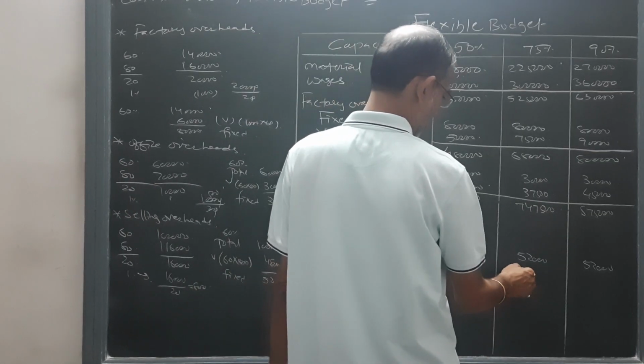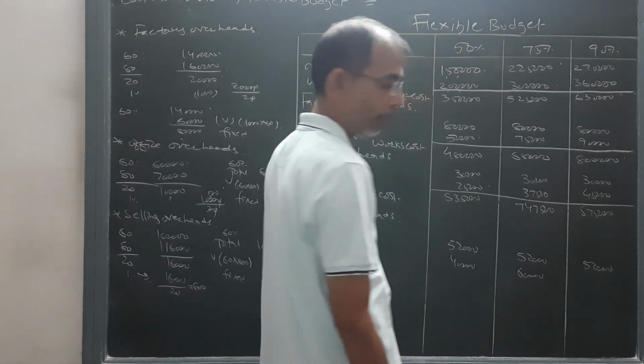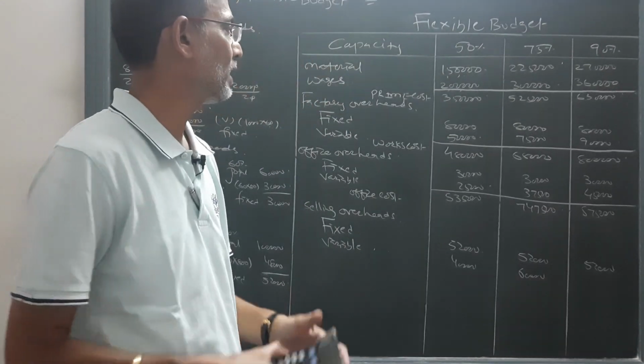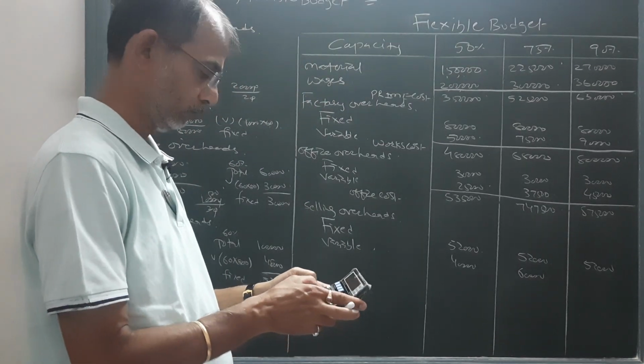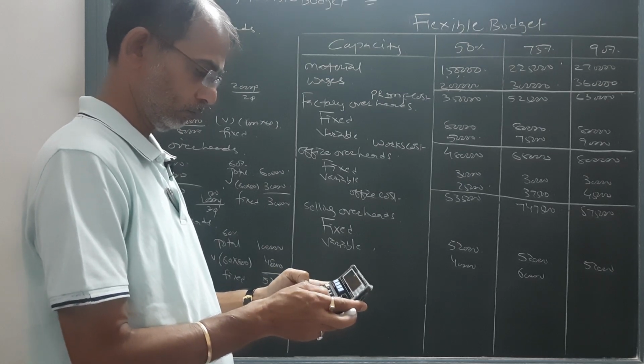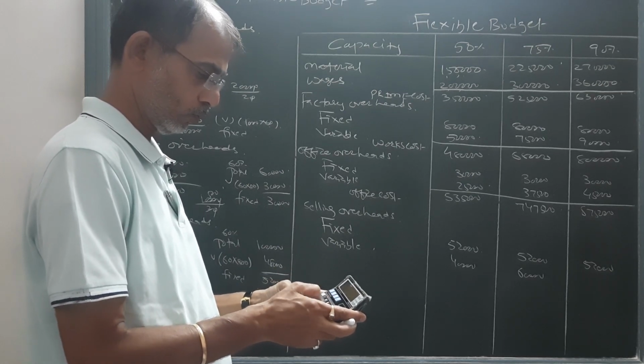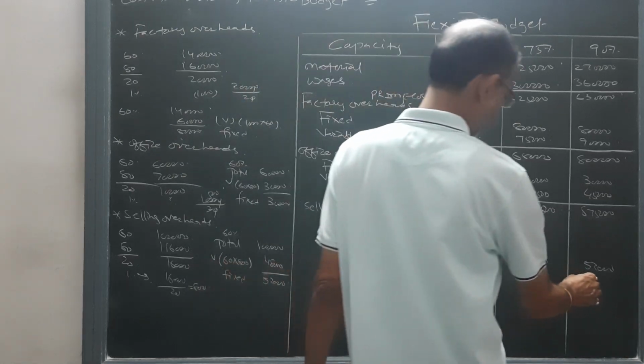This will be 60,000, and at 90% capacity 800 into 90, 72,000.